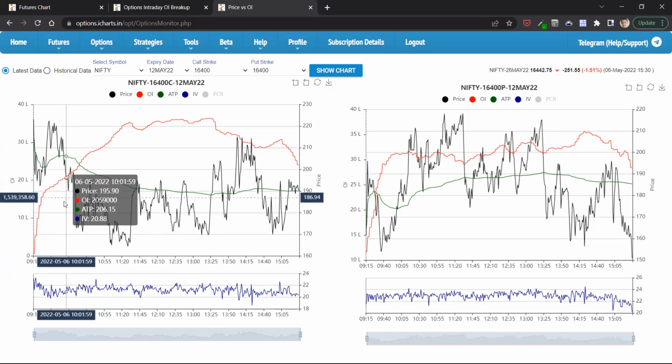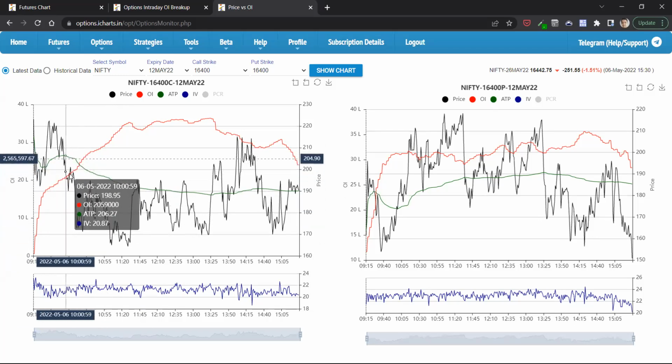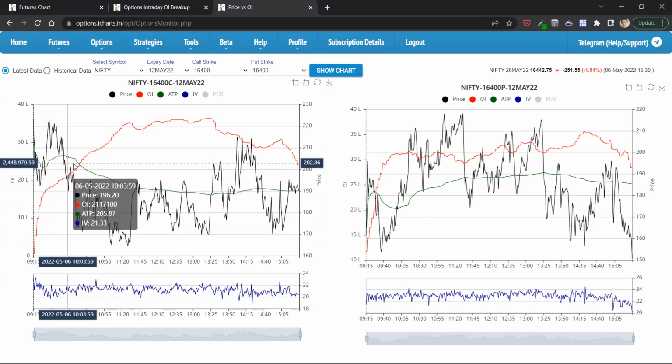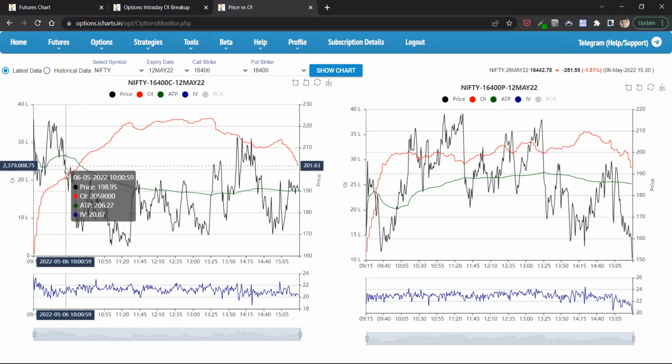It just means option writing is going on and price going down further. That means lots of sellers are coming in, since the analysis we do is from the point of view of sellers.